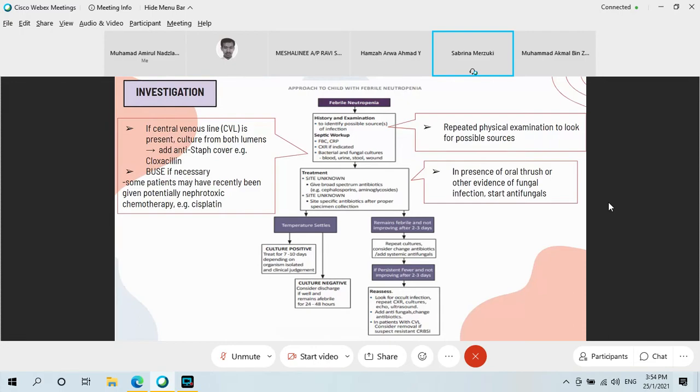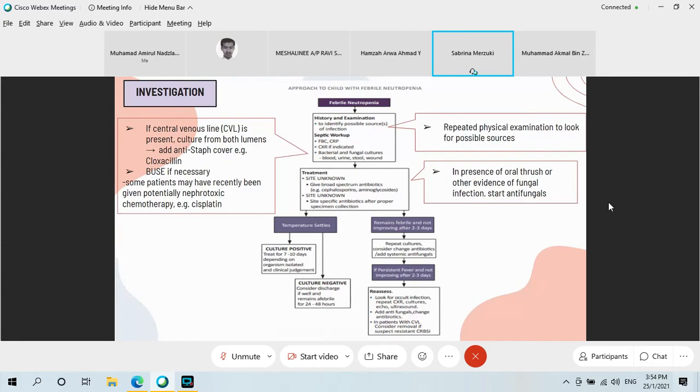Febrile neutropenia is basically a medical emergency, so we don't need to wait for the culture results in order to give treatment. We need to treat patients empirically with broad-spectrum antibiotics, for example, cephalosporin and aminoglycosides, and after the results are available, we will change to specific antibiotics.